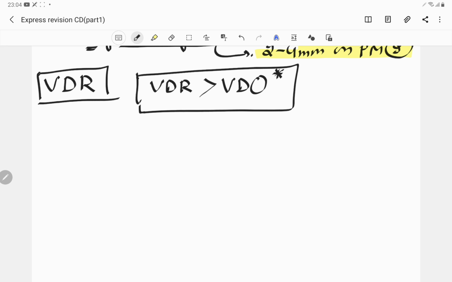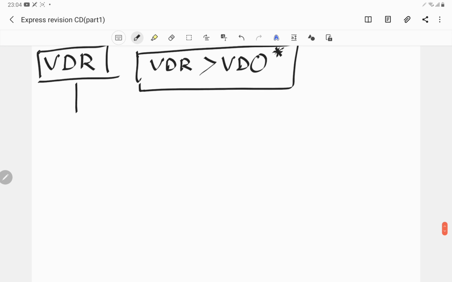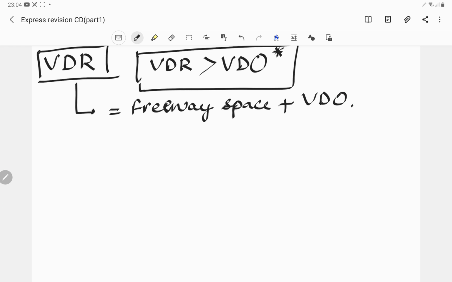You will see that the height between the tip of the nose and the tip of the chin is reduced because the freeway space is diminished now. So VDR, the vertical dimension of rest, is equal to freeway space plus vertical dimension of occlusion. It is a combination of these two spaces.